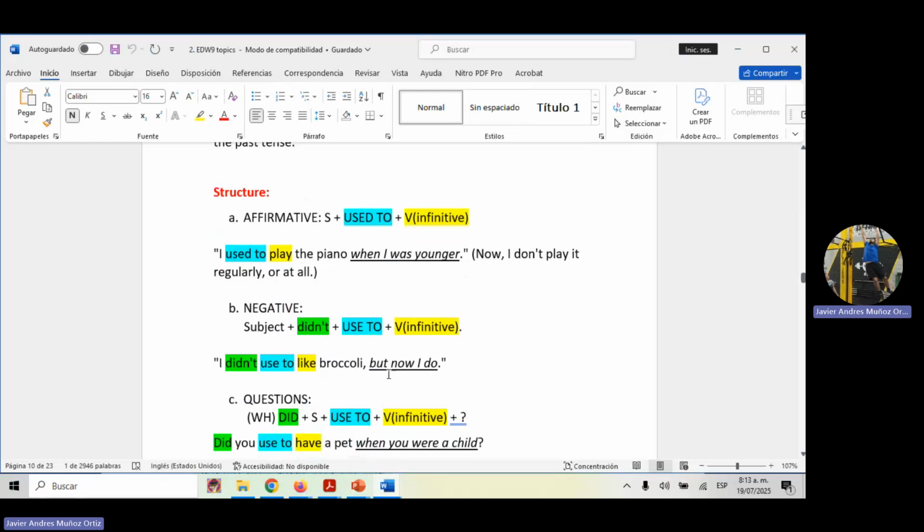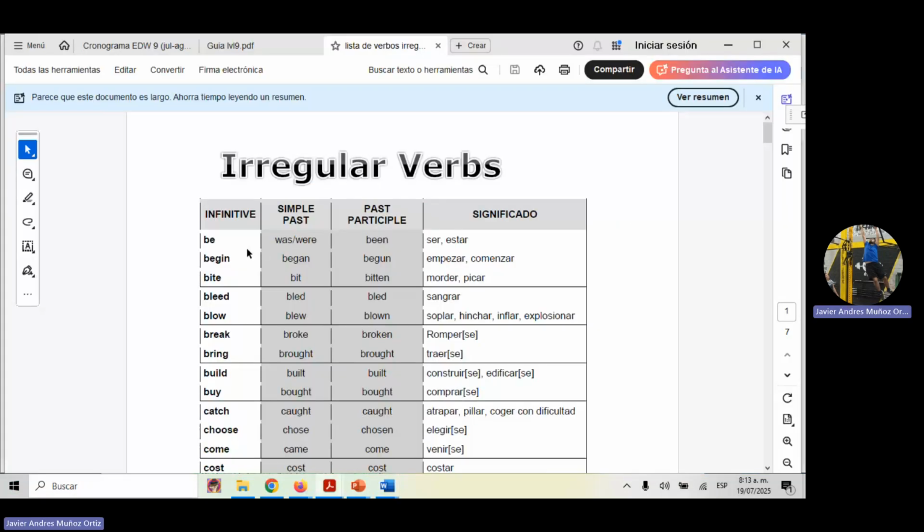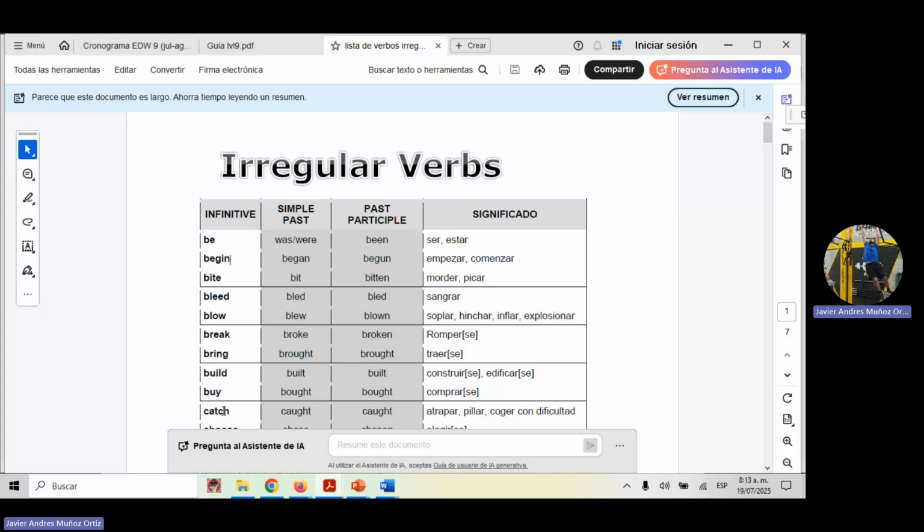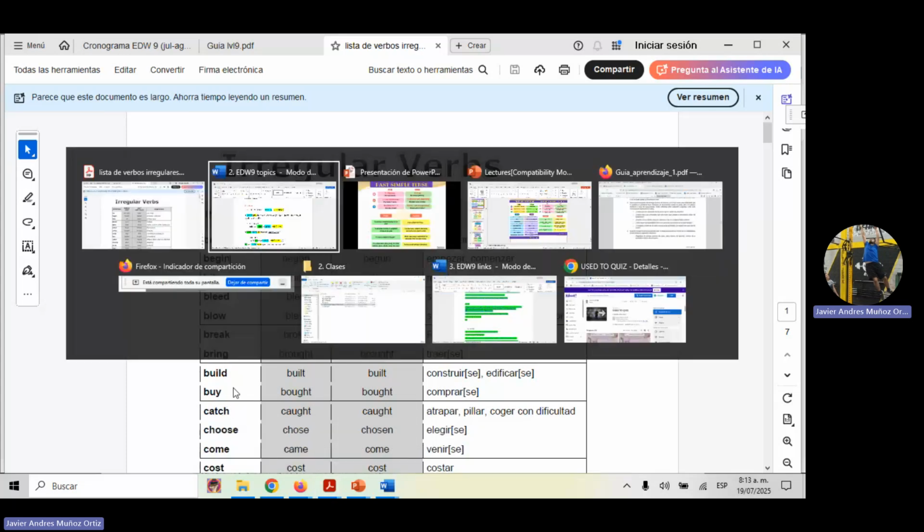In this case, we are going to use another verb, and this verb is going to be in infinitive. So in the list of verbs, we are going to focus on the first column, depending on what we want to express, of course.